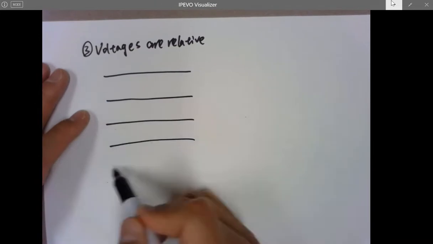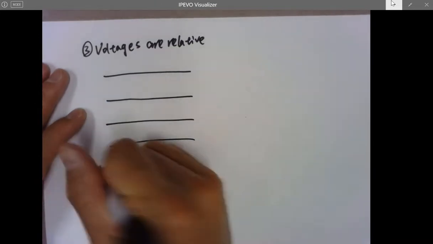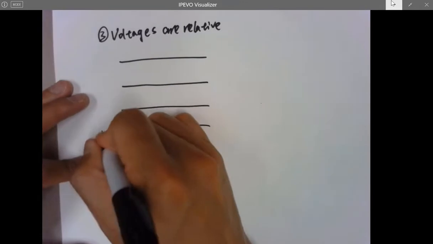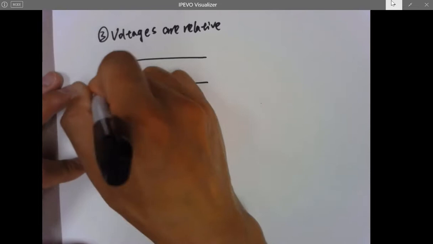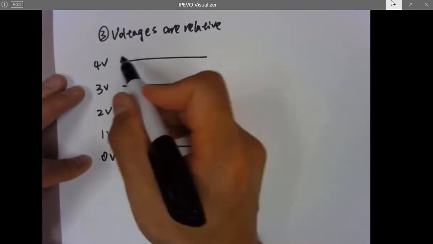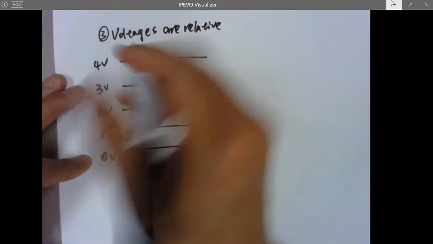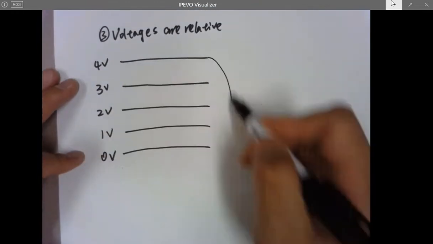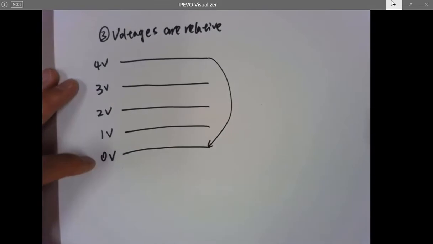So for all the different bars, this is 0 volts. Okay, there's no voltage at all. Okay, and this is 1 volt, 2 volts, 3 volts, 4 volts. And if I say, hey, this voltage level is 4 volts, I'm comparing to 0 volts.